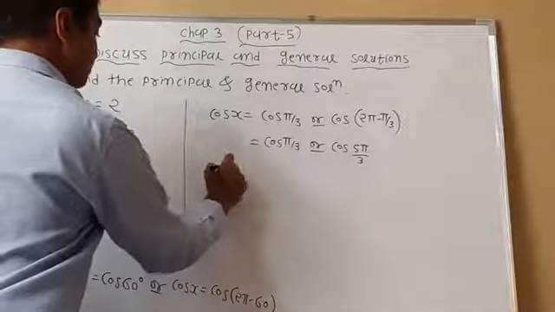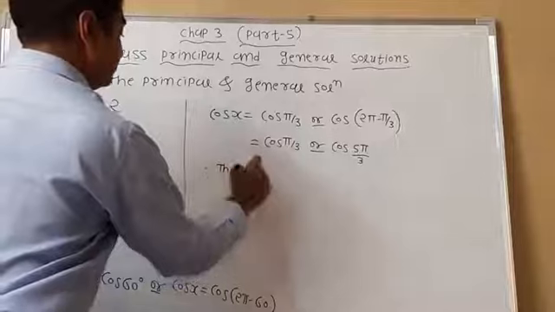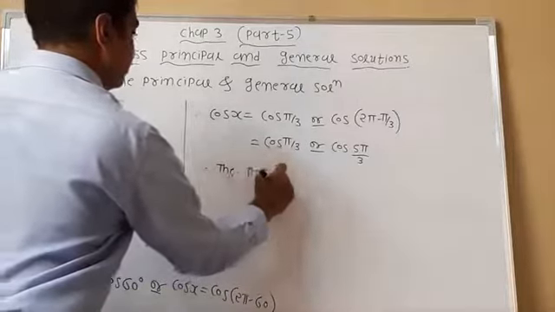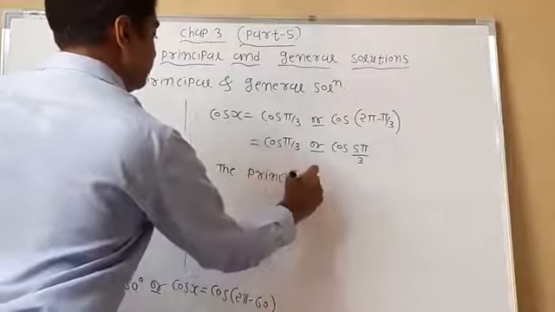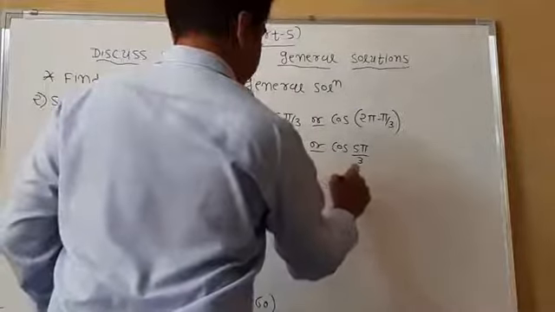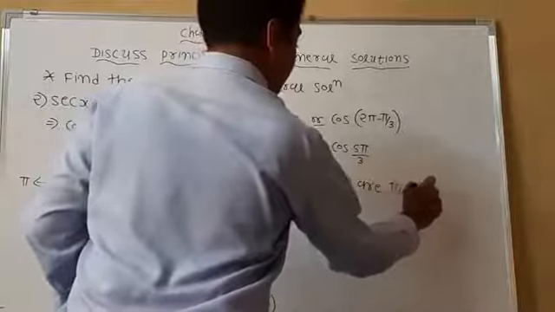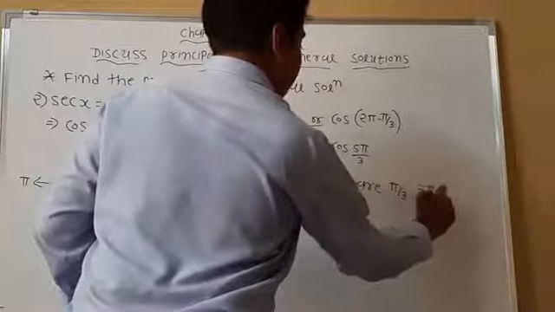So therefore, the principal values, otherwise the principal solutions, are pi by 3 comma 5 pi by 3.